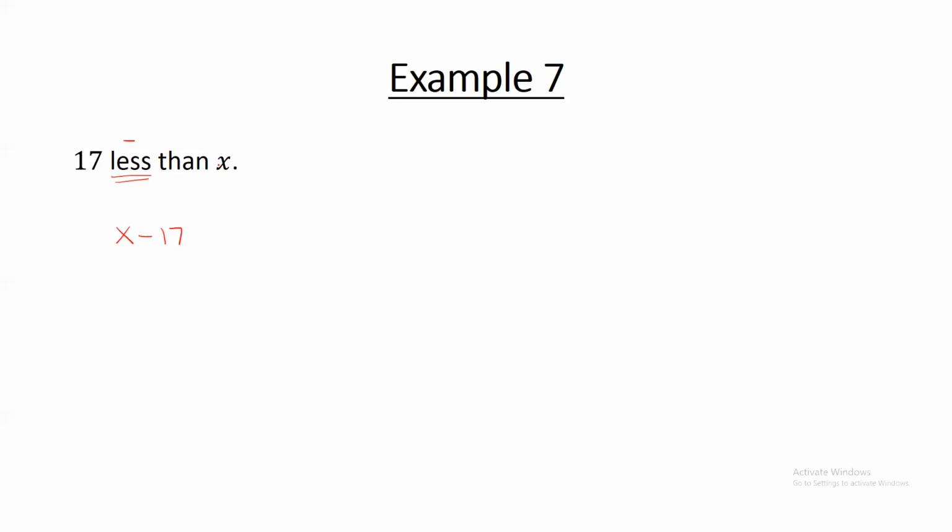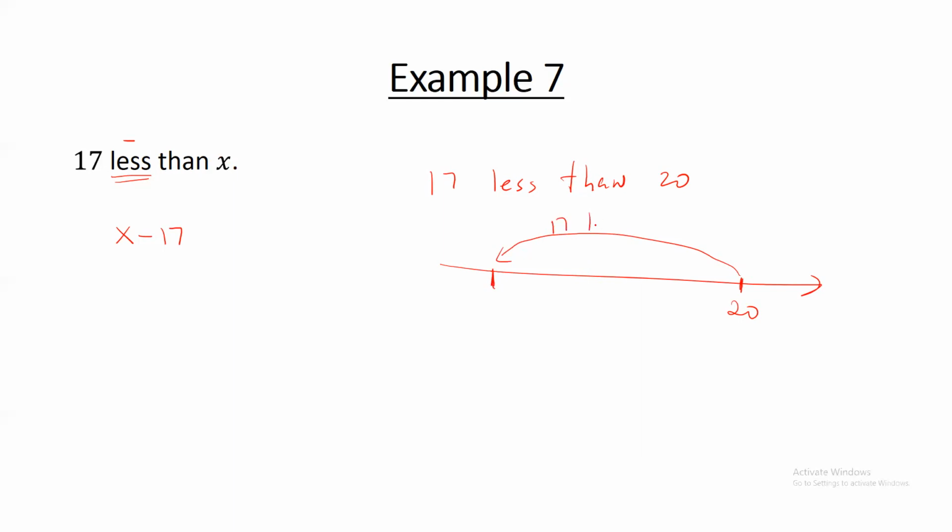For example, if we did plug in a number into x, let's say 17 less than, for example, 20, how would we interpret that? Well, we would interpret it as we started with the number 20, and we want to be 17 less than that, right? We would go all the way down to 3.